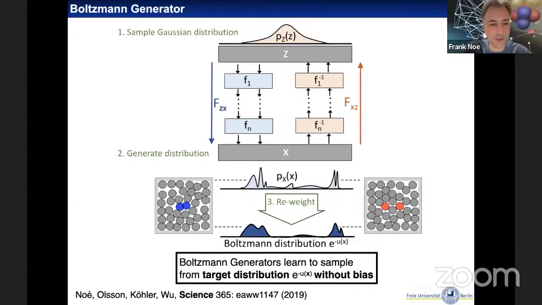But another important aspect of the sampling problem is the mixing problem. If you know there are certain states that are relevant, but you don't know the free energy differences between them, and it's even hard to construct, for example, a pathway or reaction coordinate that would connect these two things because they might just look like very different structures, then this is a very interesting method.